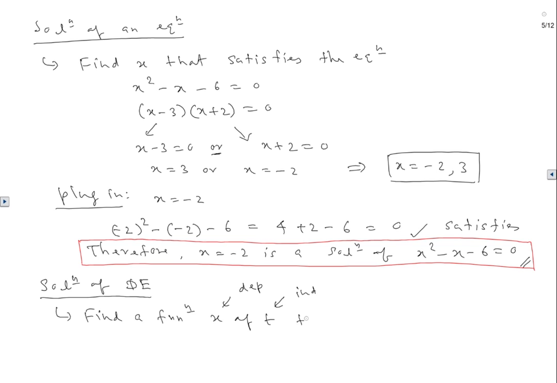That satisfies the differential equation. So that's simply what we're trying to do: find a function x of t that satisfies the differential equation. And you can see that this is not really obvious to us.